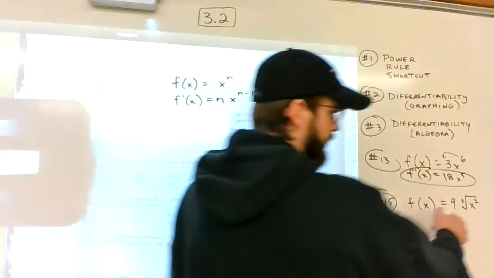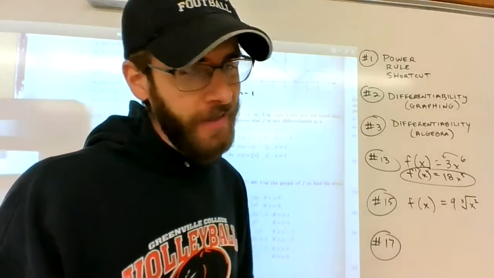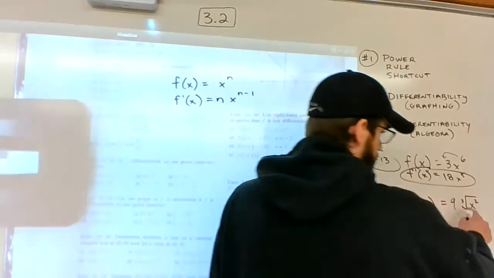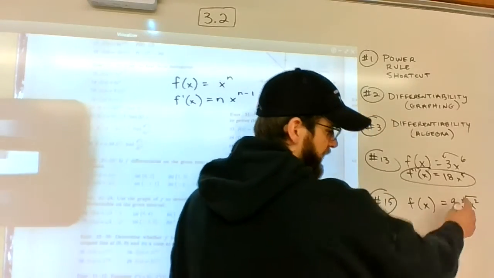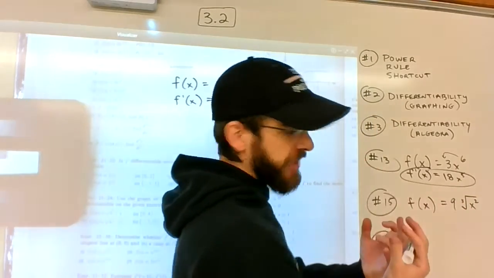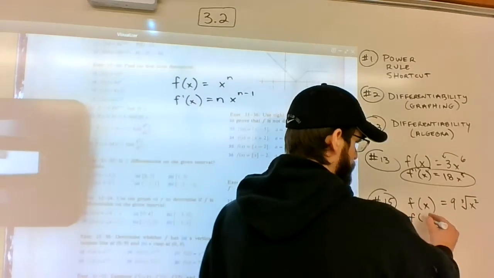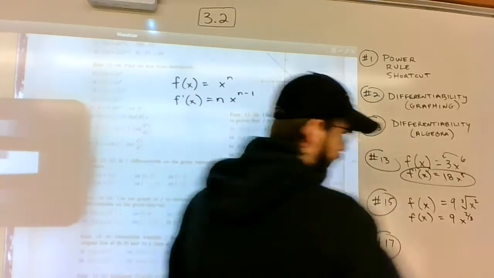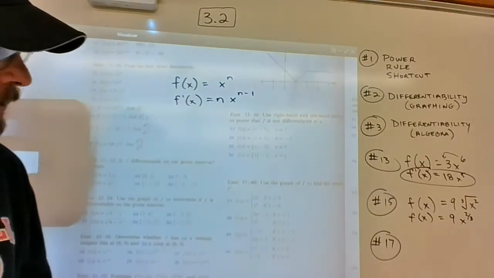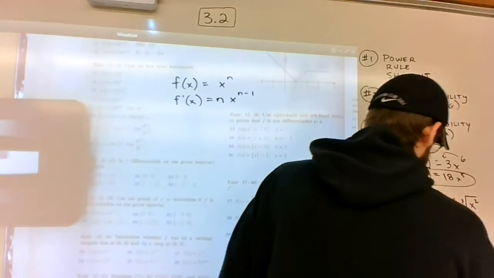For this second one, you have to rewrite it as a fractional power. You can't just leave it as a root. So exponent divided by root is how you would change that root into a fractional exponent. So we got to do that move first. You got to call that 9x to the 2/3 power. Then I can bring the 2/3 down, multiply that by 9.